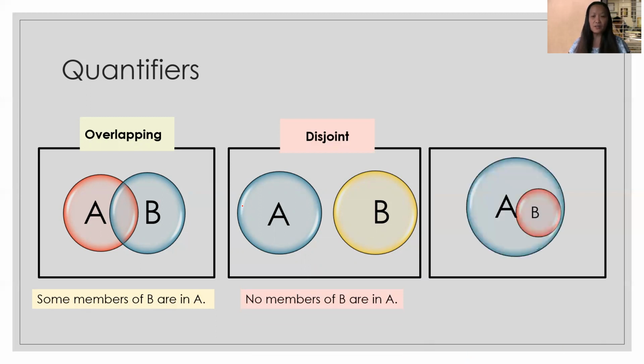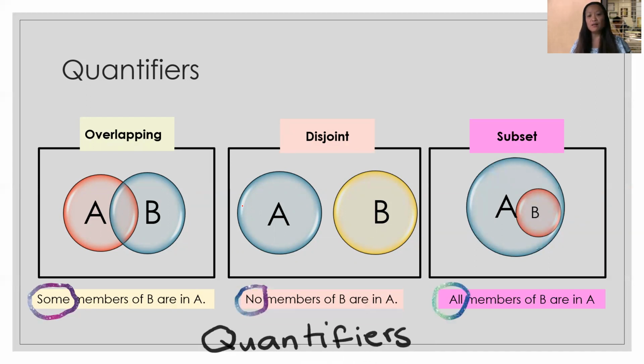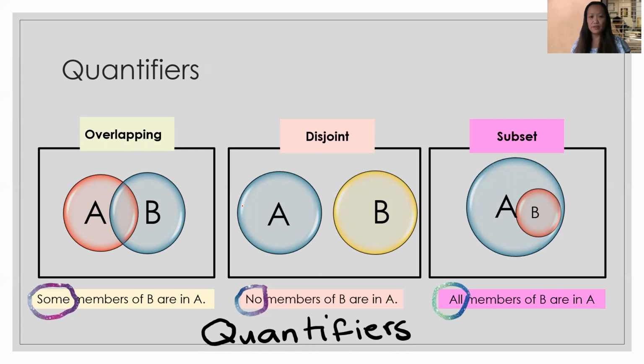And then the third scenario is a subset that said all members of B are in A. So notice these words, some, none, or all. These are what we call quantifiers.